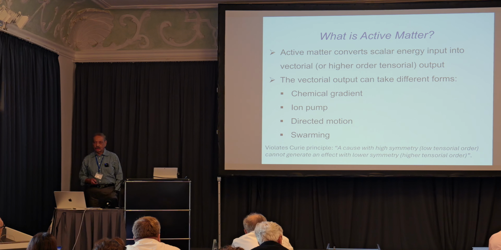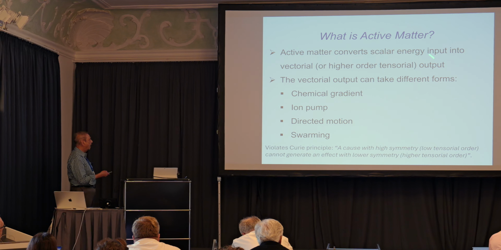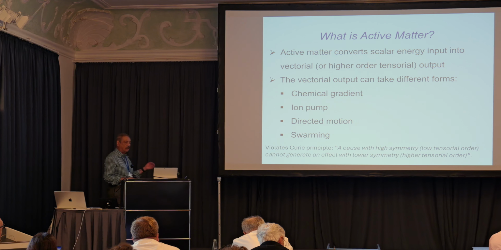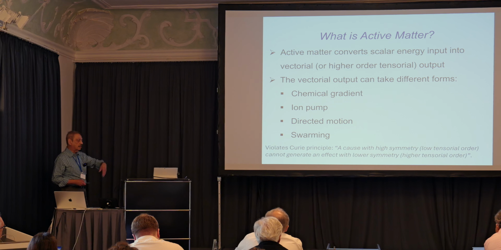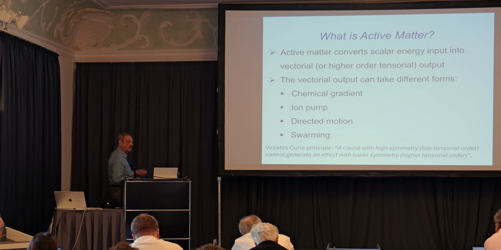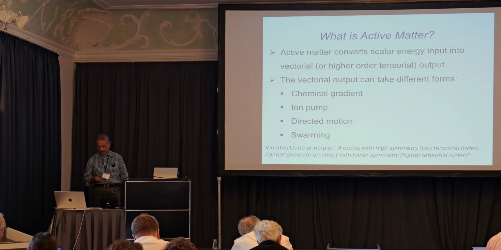So what I'm going to do today is to show examples of this from molecular scale, which is about 5 to 10 nanometers, to maybe about 100 nanometer particles. All of these would be chemically powered.